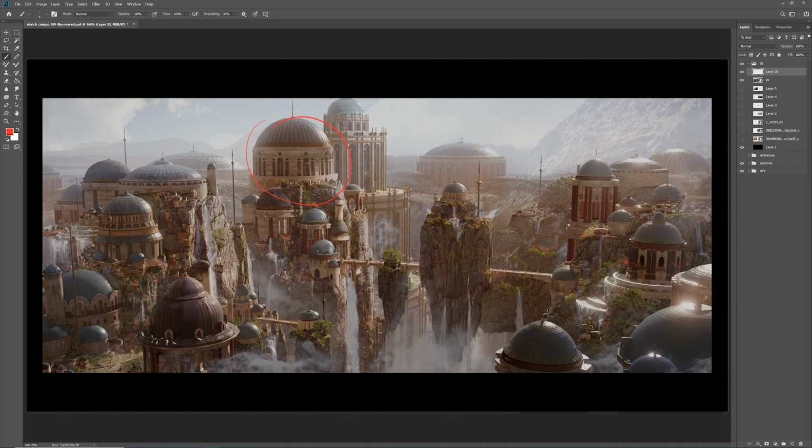But here we have this building, and we are seeing a lot of information about it, so we can say that this could be the main building. So the main building should always be in a specific position in our composition.